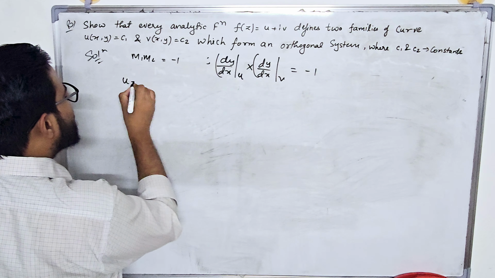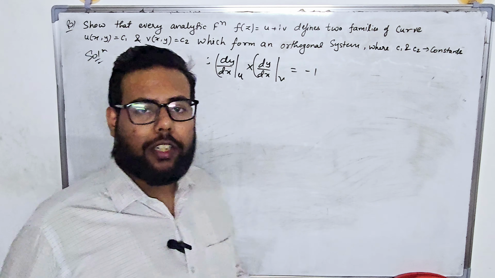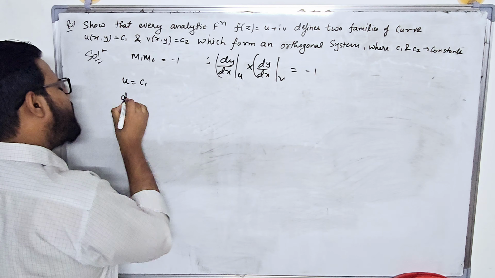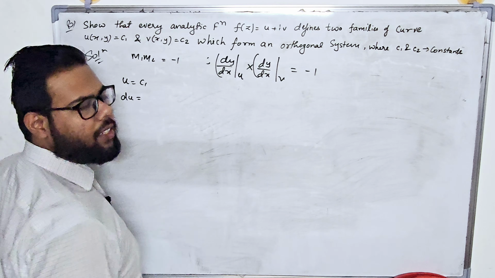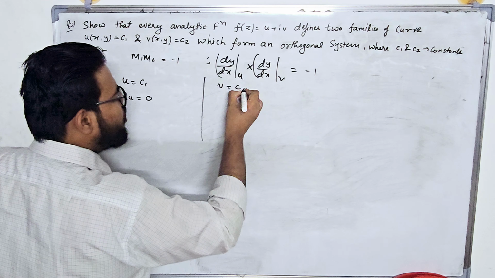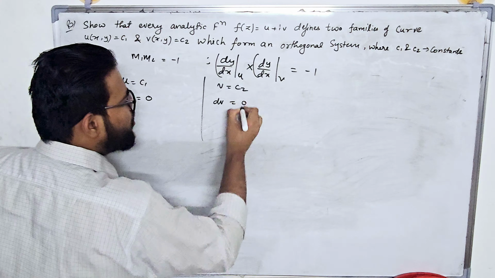So u = c1, and we all know that u is a function of x and y. So what we can do is differentiate. We will have du = 0, since c1 is a constant. Similarly, v = c2, hence dv = 0, correct?